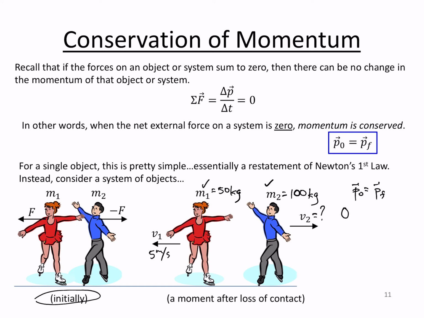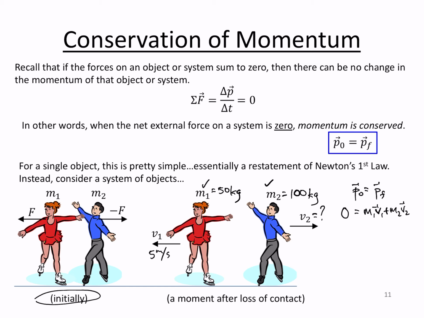Their initial momentum is just 0. And so their final momentum must also equal 0 in total. So first there's going to be a term associated with her, that's going to be m1v1, and a term associated with him, m2v2. She has a magnitude of 5 meters per second.